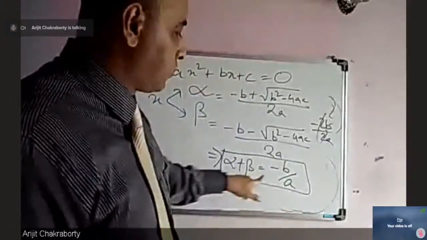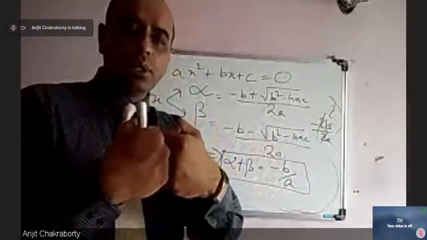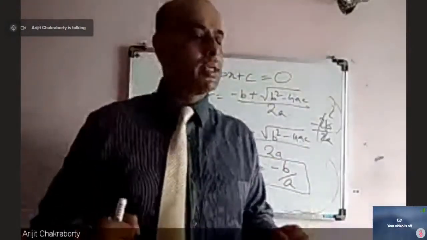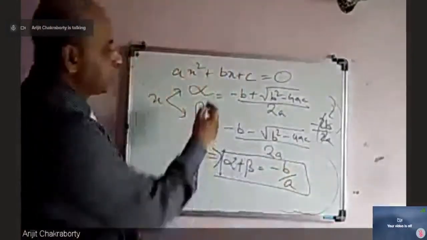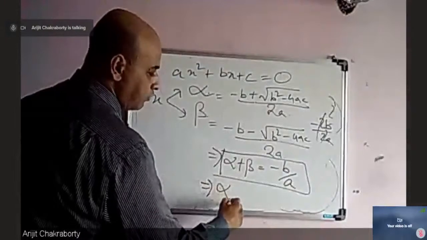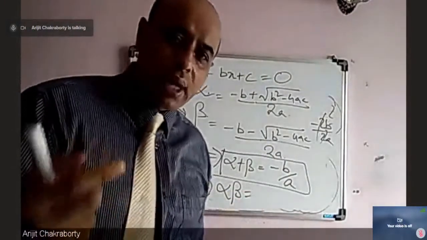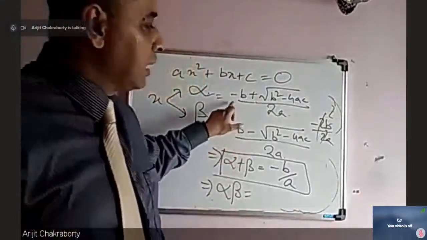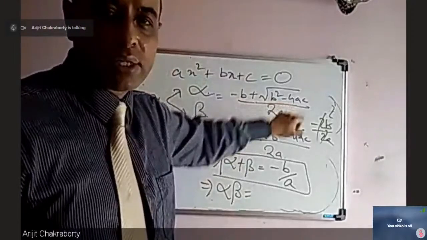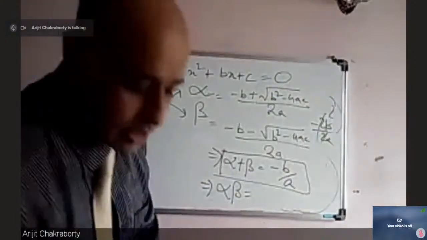First formula. And the second formula is the product of the roots. So first, sum of the two roots, and the second formula is the product of the two roots. If you multiply these two, alpha and beta, I told in the last day also, I am repeating once again, minus b plus square root of b square minus 4ac, and here you have minus b minus square root of b square minus 4ac, by 2a.